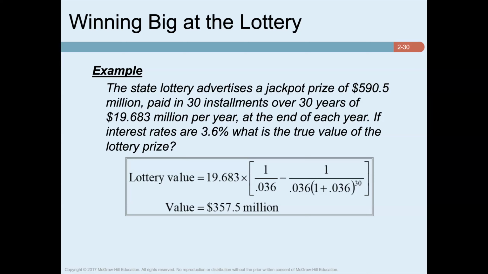What is the true value of the lottery prize? So every year we get 19.683 million for 30 years. The first one is the perpetuity, and the second one is the 30 years. So the value of that is actually $357.5 million.